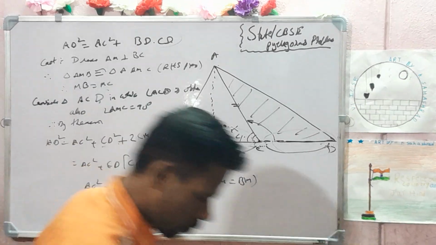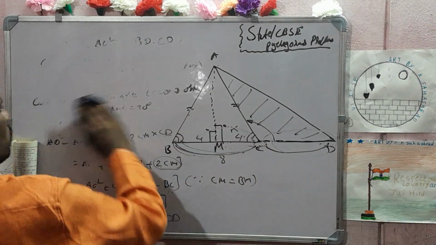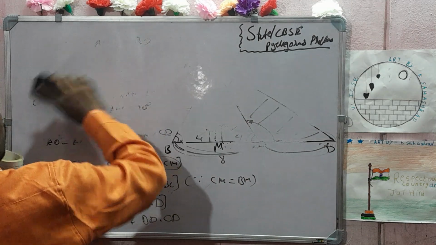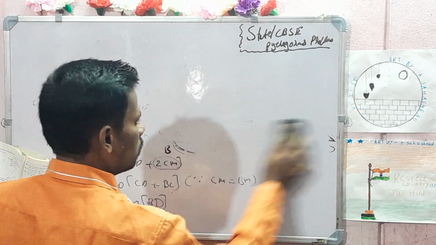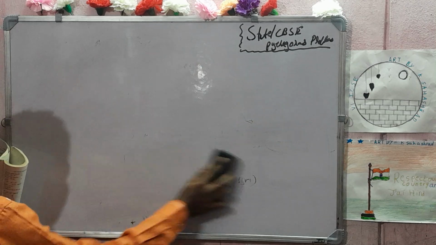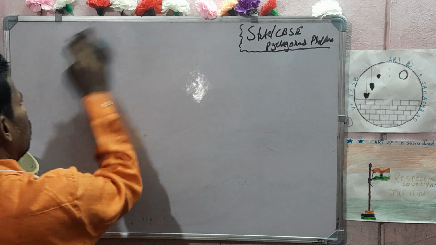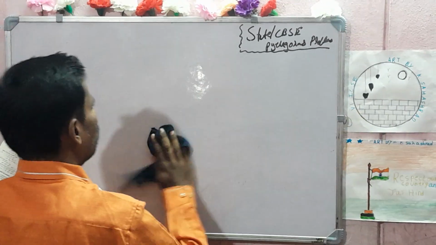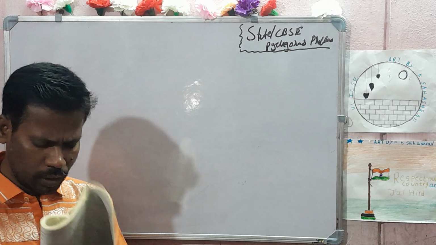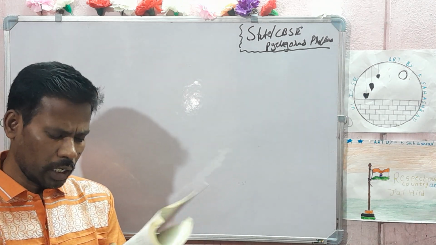Next one, how to do? ABC is a triangle in which B and C are acute angles.